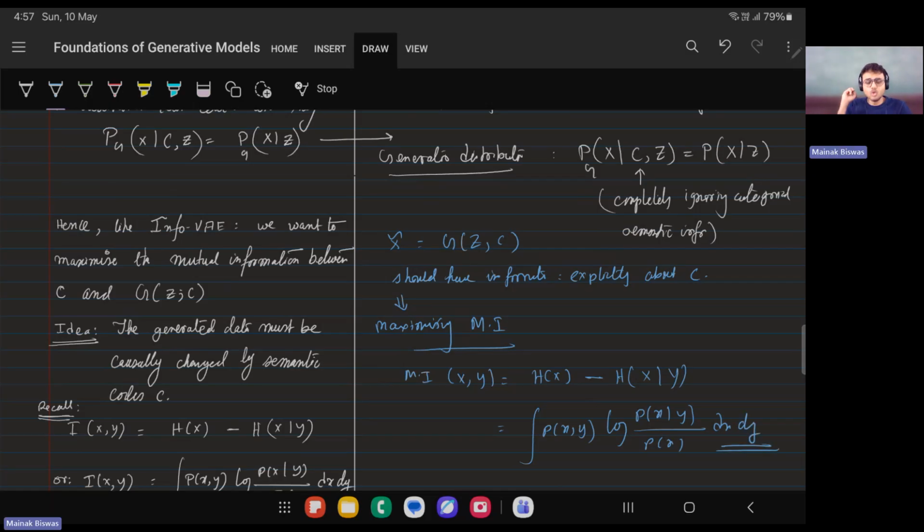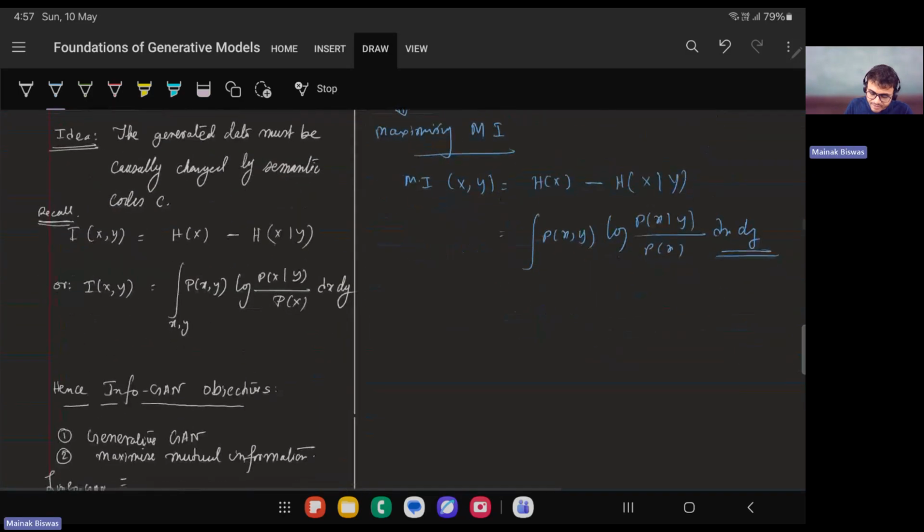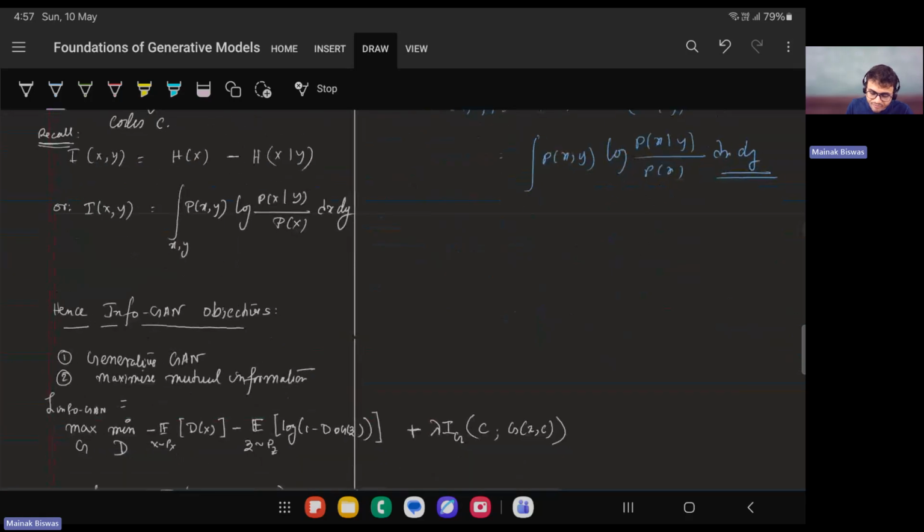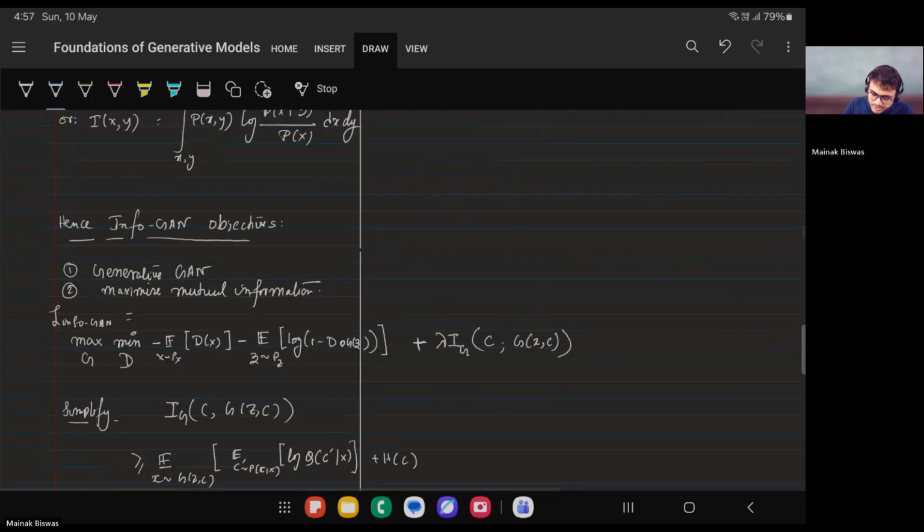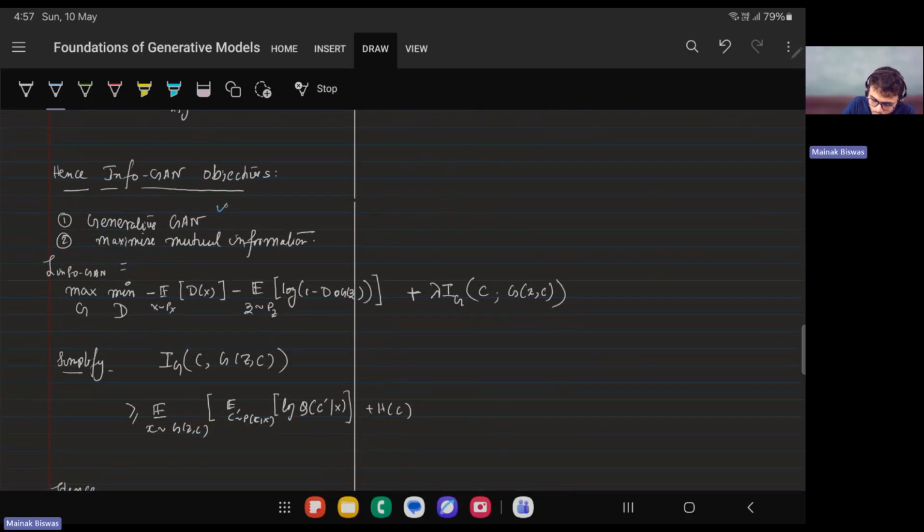So hence my Info-GAN will have the following objective. The Info-GAN would want to be a generative GAN, and we would always want to maximize the mutual information between the latent codes or the semantics and what else?